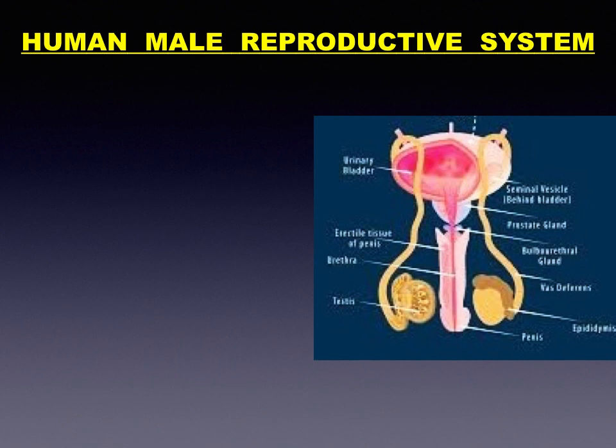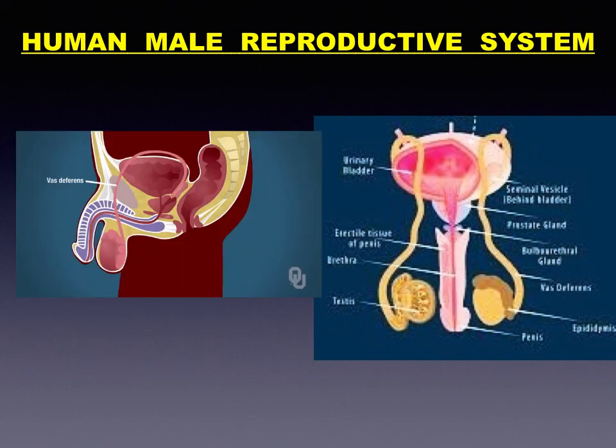The seminal vesicle secretions are rich in fructose, which serves as an energy source for sperms. The bulbourethral glands produce a droplet of alkaline fluid that neutralizes residual urine in the urethra, protecting the sperm from its activity. So you can see the different parts of the human male reproductive system.